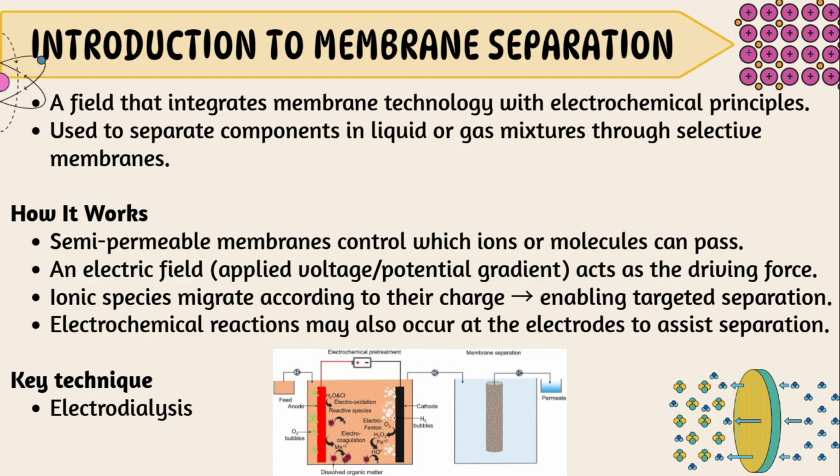The separation happens because semi-permeable membranes control which ions or molecules can pass through while an electric field acts as the driving force. When voltage is applied, ionic species move according to their charge, which allows very targeted and efficient separation. In some cases, electrochemical reactions at the electrodes also help the process.